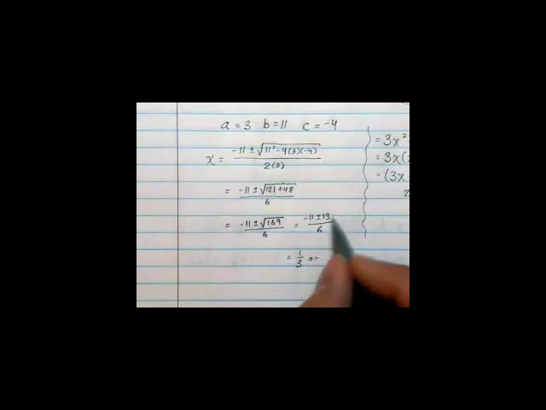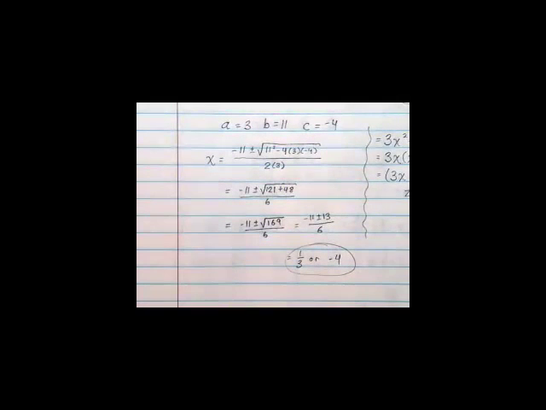And then if I do the subtraction, negative 11 minus 13 is negative 24 divided by 6, negative 4. So same two answers. Okay, so yeah, like I said, quadratic formula, it always works. So if you don't like to do the factoring, you can just jump right in and do that instead.